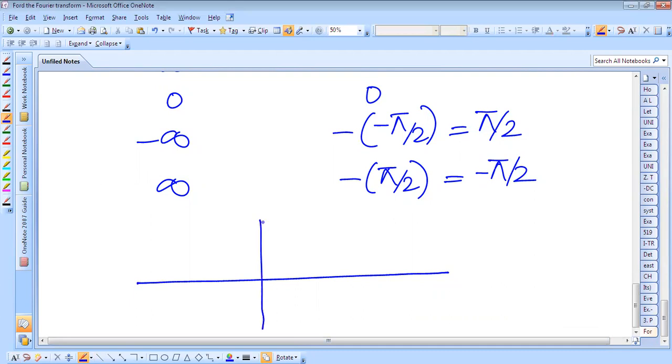So this is the phase plot. So this is the 0 frequency. From this it is plus infinity, from this is minus infinity. So here the angle is pi by 2, and this is minus pi by 2.